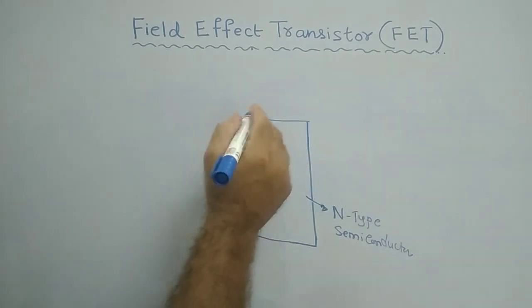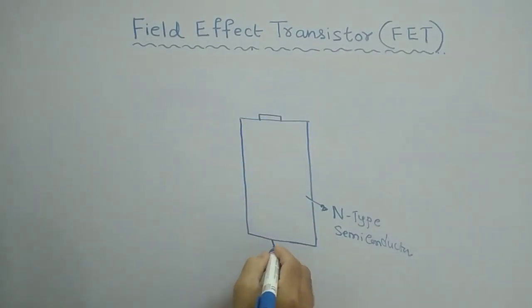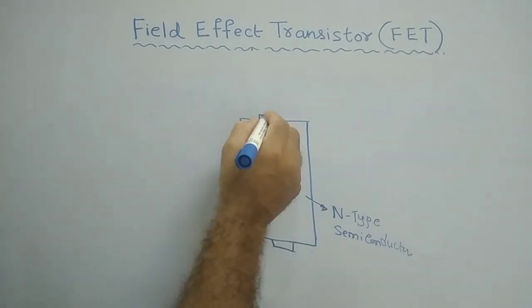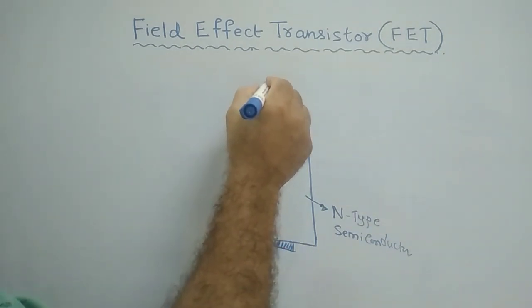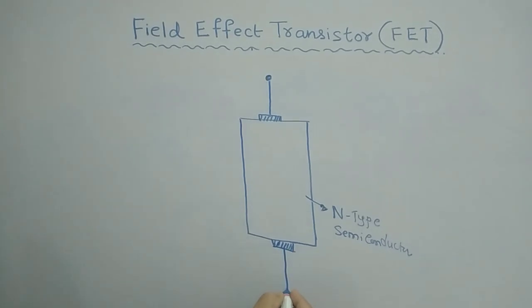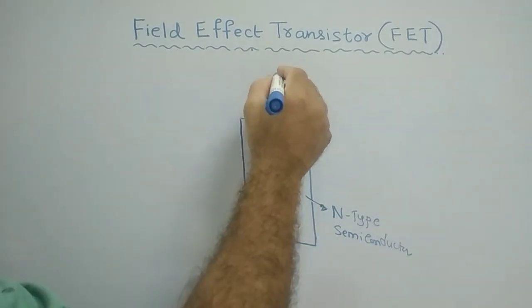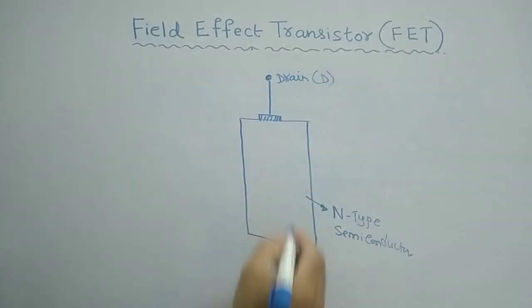Then here you can take two terminals. These are metallic contacts, and from each metallic contact one terminal is taken out. This is called your drain terminal, and this is called your source terminal.